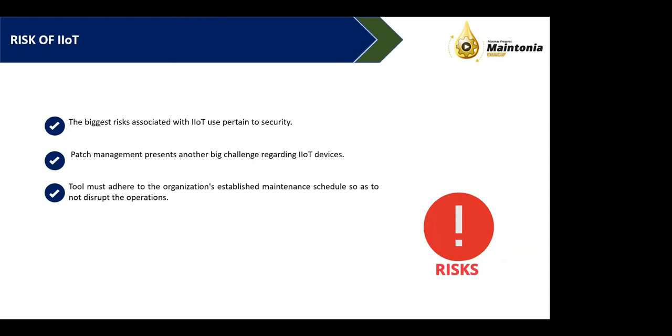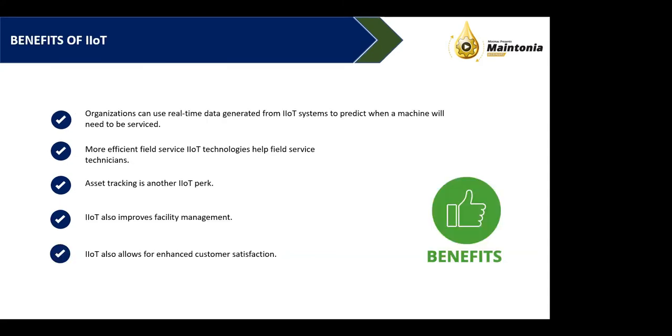Back please, back. Yeah. So I will mention the central point that asset tracking is another IIoT part. Asset tracking is the most important nowadays, because asset saving, asset monitoring is vital.